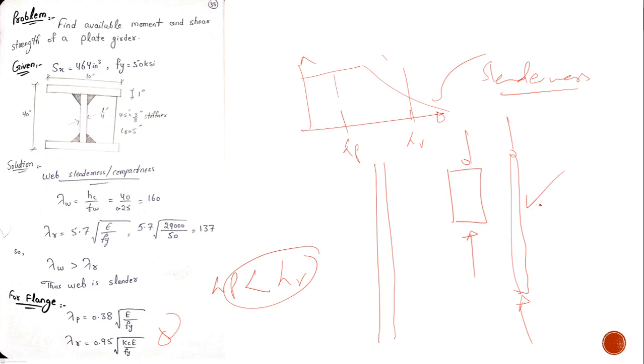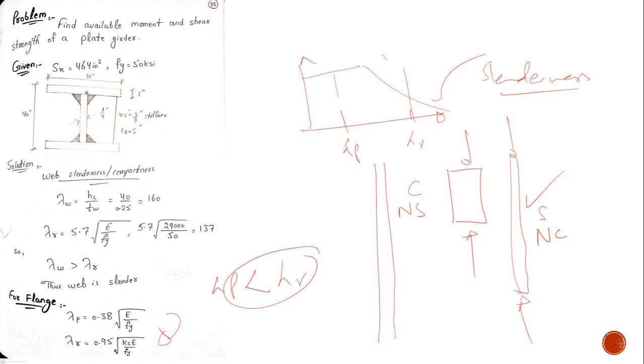It is non-compact, while this one is compact and non-slender. So this is the logic.